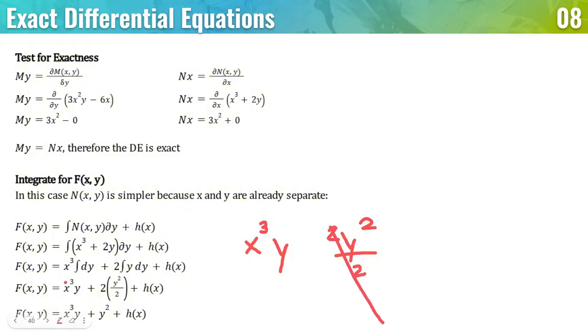So we have x cubed y plus y squared plus h of x. So this one is our variable of integration. So recall that since these are mostly in terms of y, then the constant here, or the h of x, the variable of integration, it has to be not y, so it has to be x.